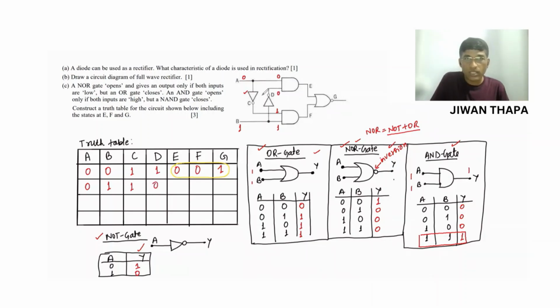So D is 0. So 1, or high, on passing through this NOT gate will change into 0, and 0 0 will give us 0. So E is 0. Now 1 1 will give 1. So F is 0. So we get this. So E is 0, F is 0.